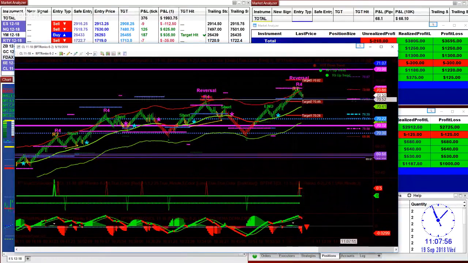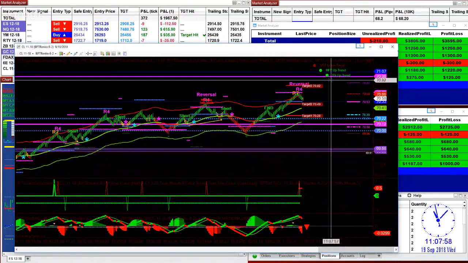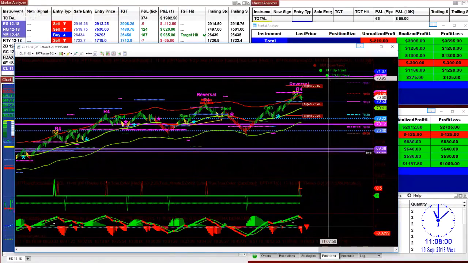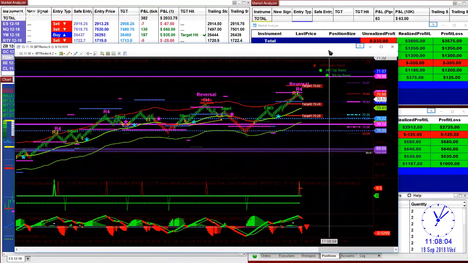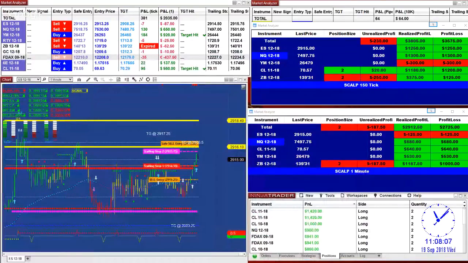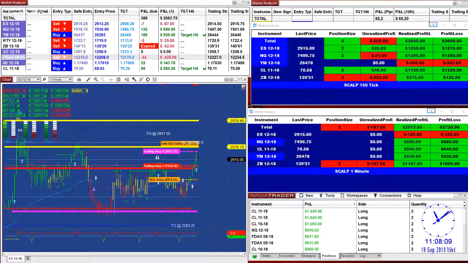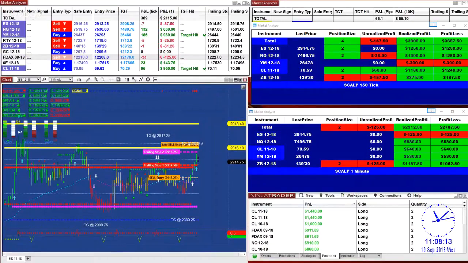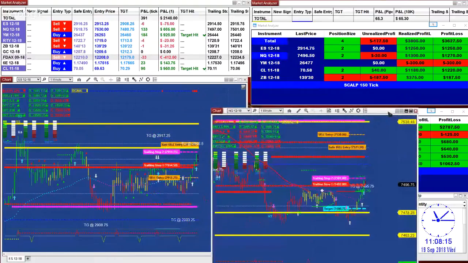But I cannot call this one a reversal. If you want to take a reversal, it has to be somewhere around 70.95. If you want to take that reversal, it is on the sim only, and it will be a very good entry for a reversal.